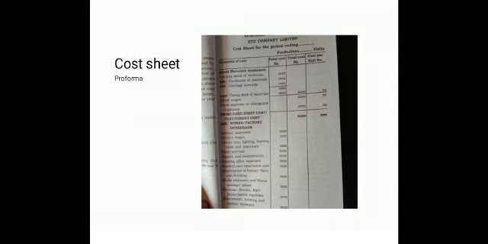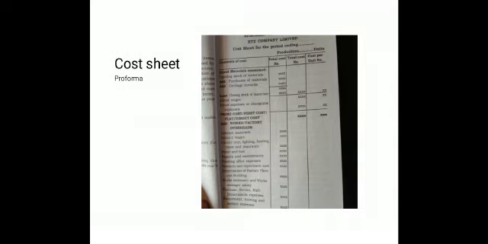So welcome to the pro forma of the cost sheet. This is the pro forma. The title should be Specimen of Cost Sheet, XYZ Company Limited, cost sheet for the period ending. As a commerce student, you know the period ending may be 31st March.